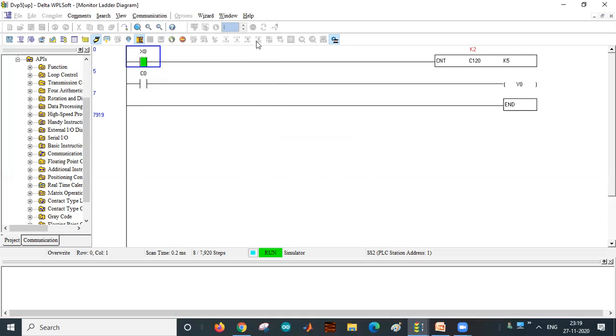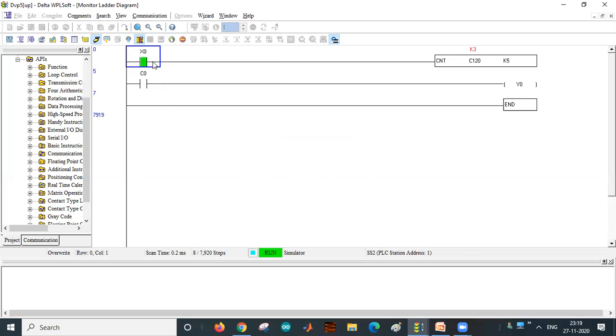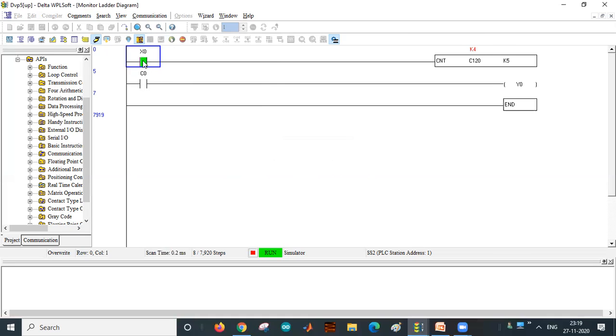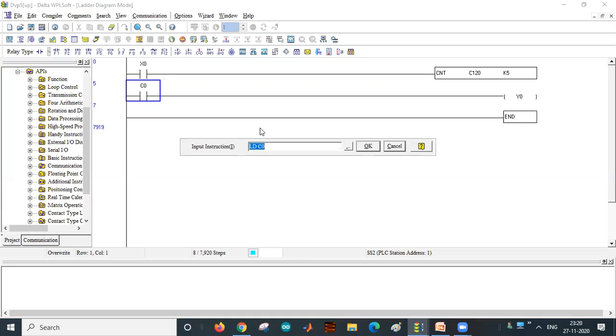Then the second product, off, and the third product is detected and the counter increments. Fourth product, increment to 4. Fifth product came. Sorry, here we are setting the counter to C120, so here also it should be C120 only. Here also the value is C120.